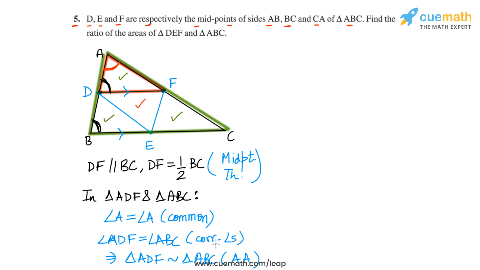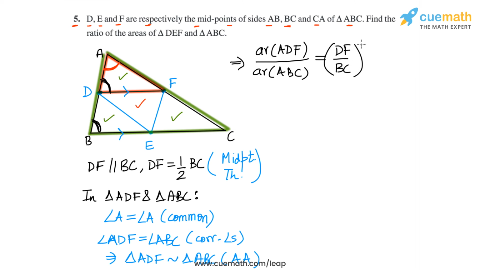Alright, now let's make use of the fact that for two similar triangles, the ratio of areas will be the square of the ratio of corresponding sides. So now we can write the area of ADF by the area of ABC. Because these two triangles are similar, this ratio will be equal to the ratio of any pair of corresponding sides. So let's take DF in the first triangle and BC in the second triangle.